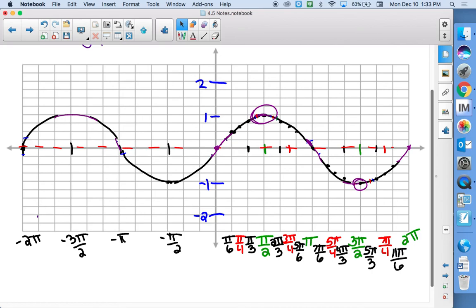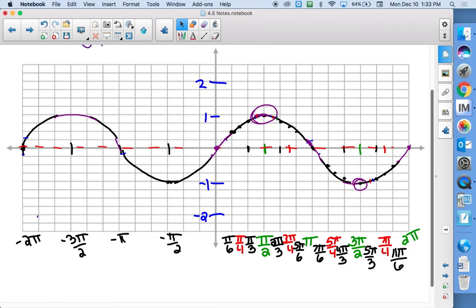The next term, also a new term, is called the period. The period is one rotation of the graph. We also call it one cycle of the graph, one spin around the unit circle, because this really goes back to the unit circle.